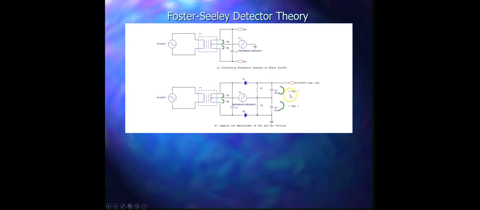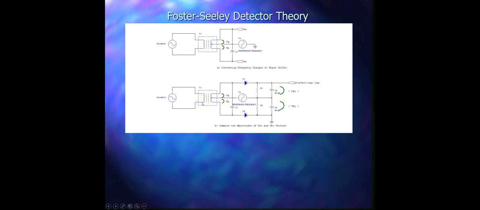So you can say mod of VAC minus mod of VBC when the frequency is higher. And when the carrier frequency is lowered, the opposite effect is seen: you will get mod of VBC minus mod of VAC, because VBC will be higher in that case. That result you will obtain over here.